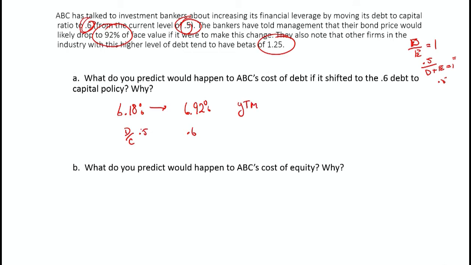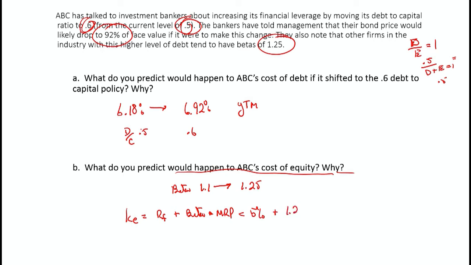All right? So then we ask, what do you predict would happen to ABC's cost of equity and why? Here we see that the beta goes from 1.1 to 1.25. So we can recalculate our required rate of return on equity as the risk-free rate of return plus beta times the market risk premium. So the risk-free rate of return stays the same.